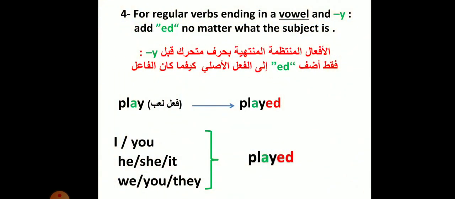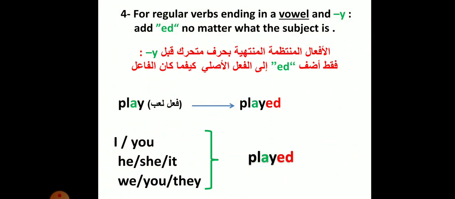The fourth rule. For regular verbs ending in a vowel plus Y, we add ED no matter what the subject is. For example, play.